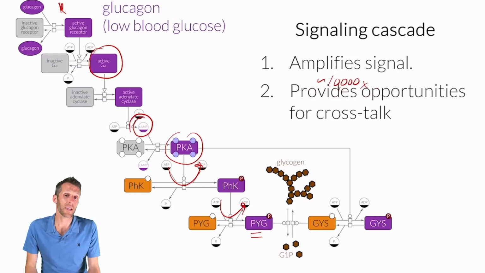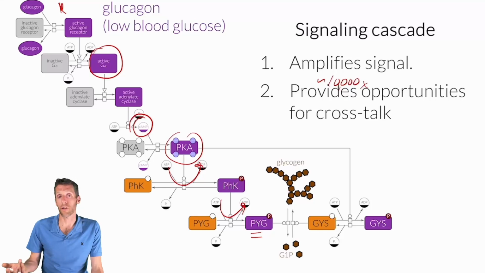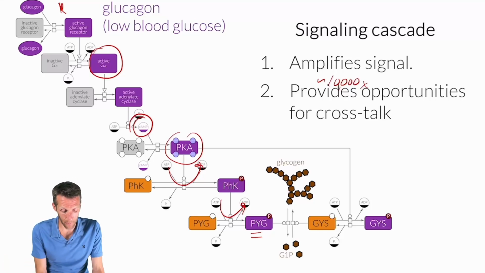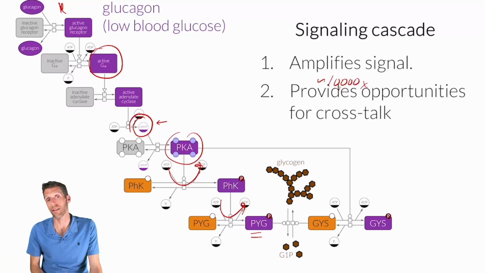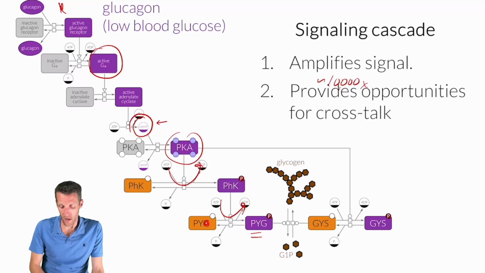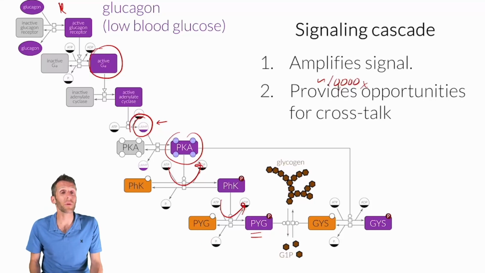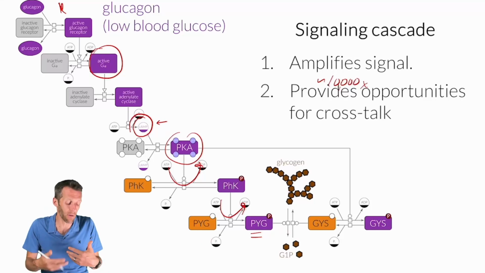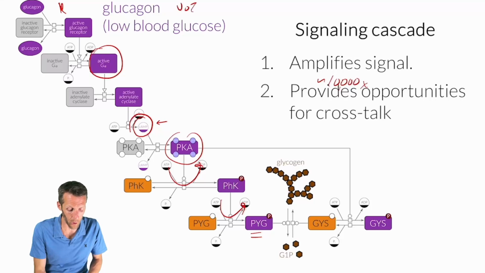The other reason that these cascades are really important is they provide opportunities for crosstalk. So for example, cyclic AMP is made by many different processes. Things like PIP3 are made by different processes. Different enzymes can be kinases and can phosphorylate these subunits. Different enzymes can be phosphorylases to chop these off. And so what this means is this cascade actually represents a vote from glucagon.